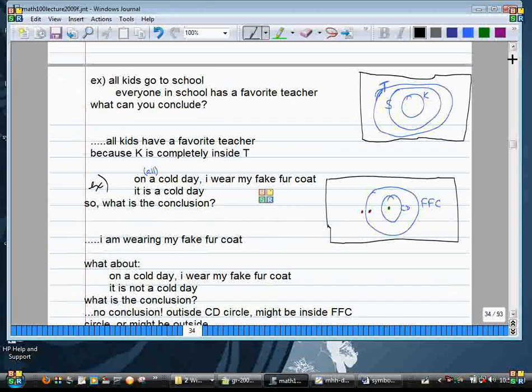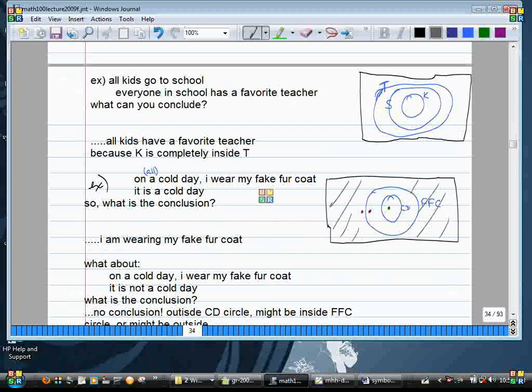So here's the Euler diagram, and remember what we were told. We were told that I am not wearing my fake fur coat. So if I'm not wearing my fake fur coat, where are we on the picture? Outside. We're outside what? Fake fur coat. Yeah, that would mean that we were out here. So now what can you conclude? It's not a cold day.